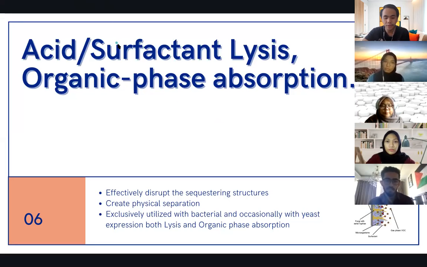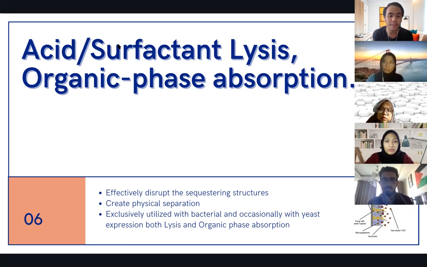Thank you, Ainana, for that brief explanation. For this part, one of the parts of downstream processing is acid surfactant lysis and organic phase absorption. Organic phase absorption is a part of product separation with lysis. Usually there is one basic goal, which is to effectively disrupt the sequestering structures and also create a physical separation.